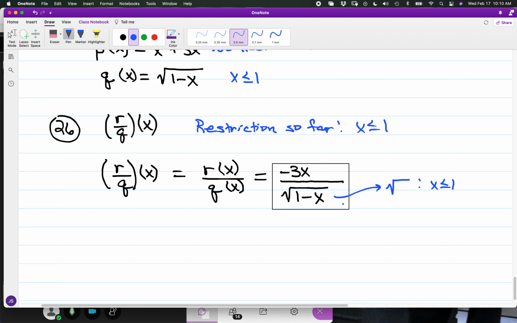However, there is another restriction, and that is 1 minus x cannot be equal to 0. So just looking at what we have here, 1 minus x cannot be equal to 0, and so x cannot be equal to 1.